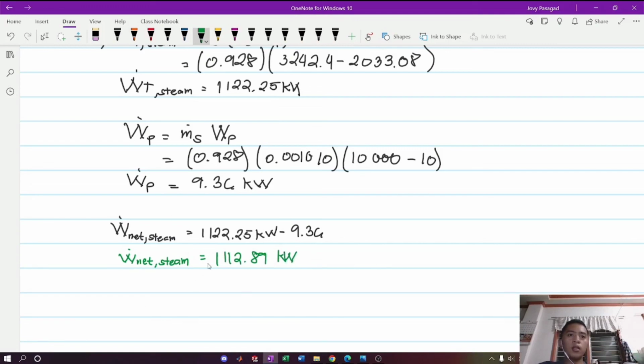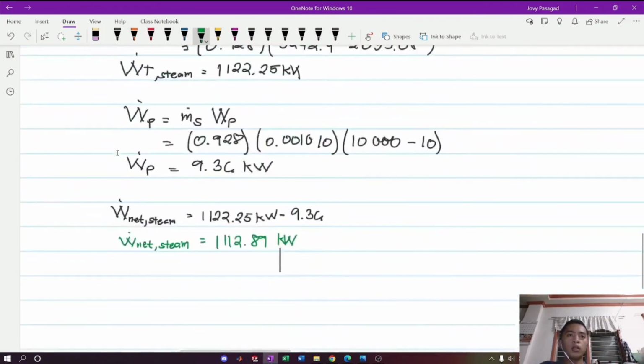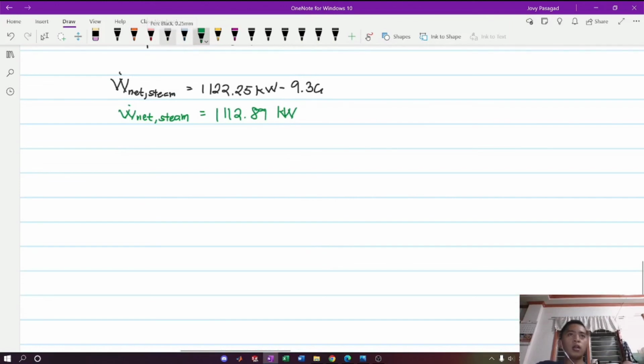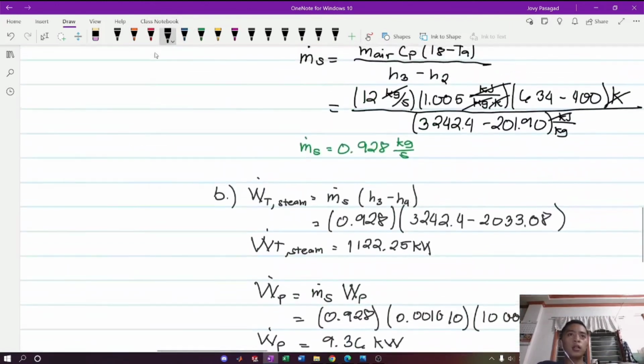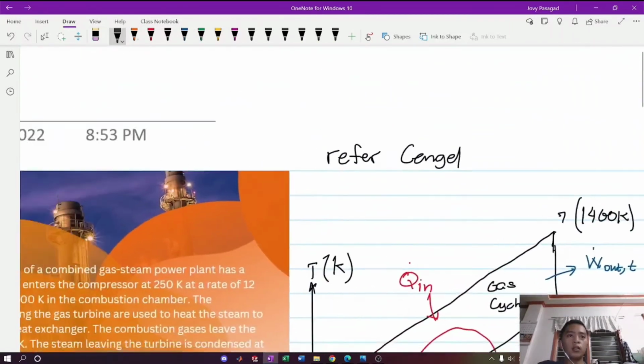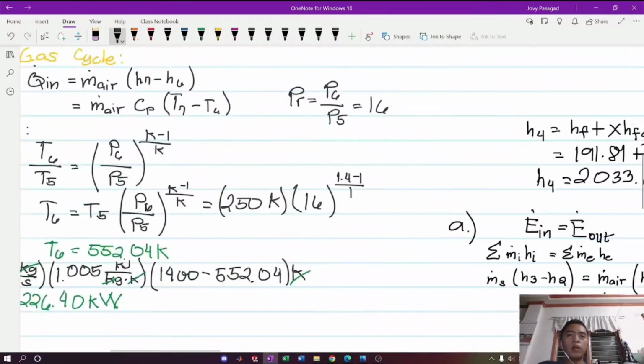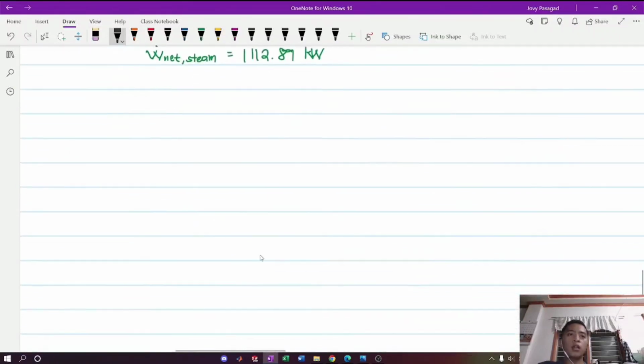Sa steam na siya. So karon ato ang solbo na ang work net or yes, the net power output sa combined cycle.